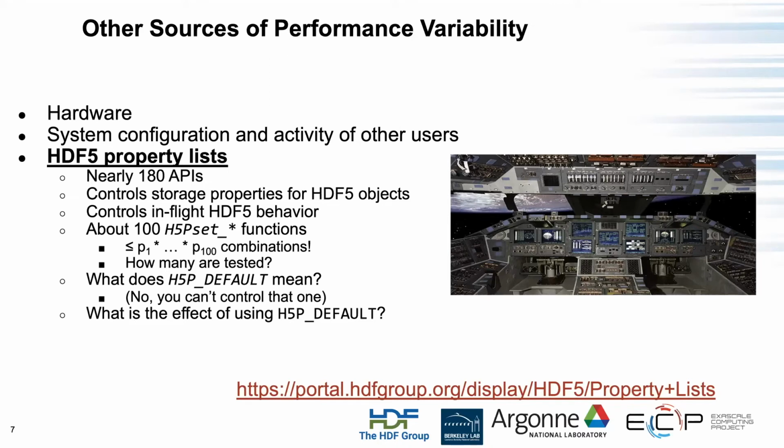And as this talk progresses, you'll see that using the default can really hurt your performance, or you're missing out on a lot of performance that you would get if you were to use some H5P set function instead.